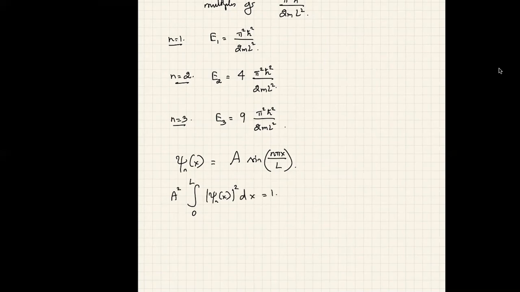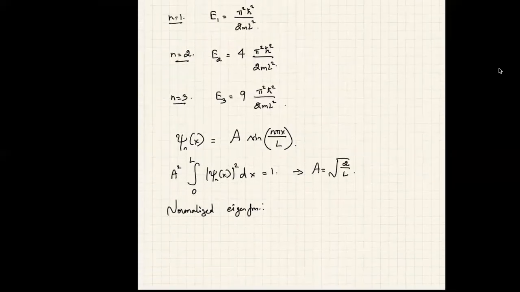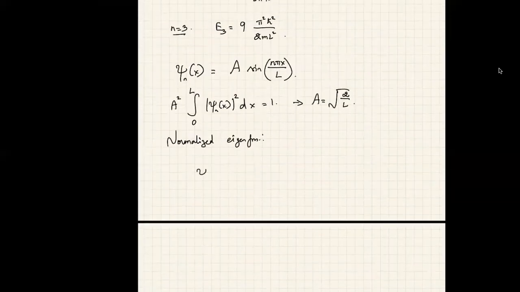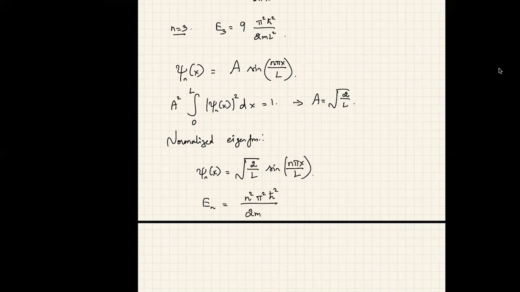And if you use this, you will actually get that your value of A is nothing but square root of 2 over L. So you can write down your normalized eigenfunctions for this problem as psi of x equals square root of 2 over L sine n pi x over L. These are the eigenfunctions, and the eigenenergies are n square pi square h bar square over 2mL square.